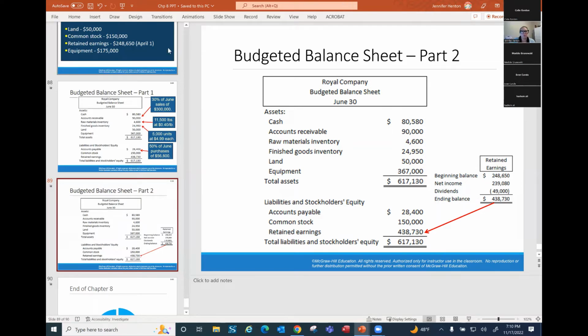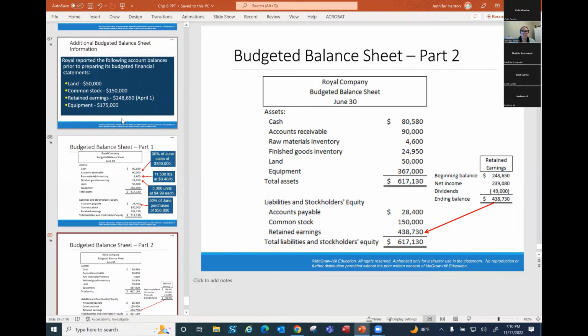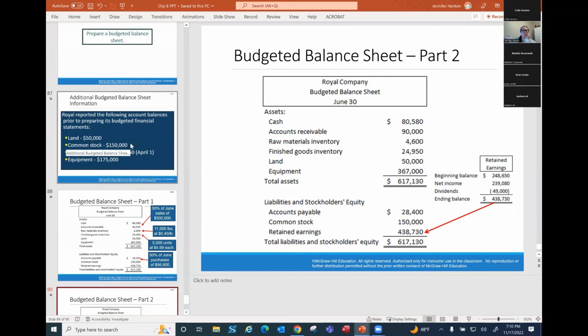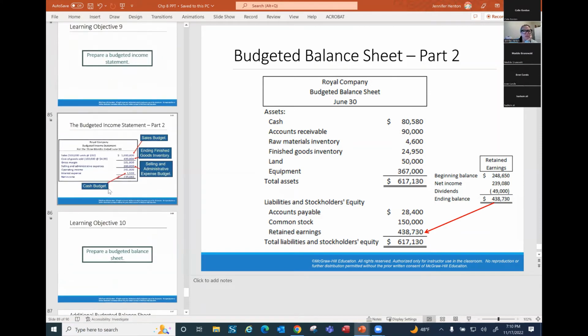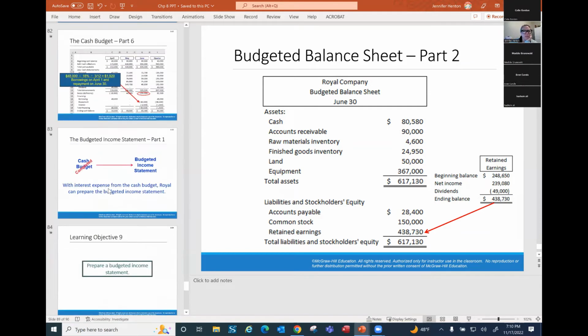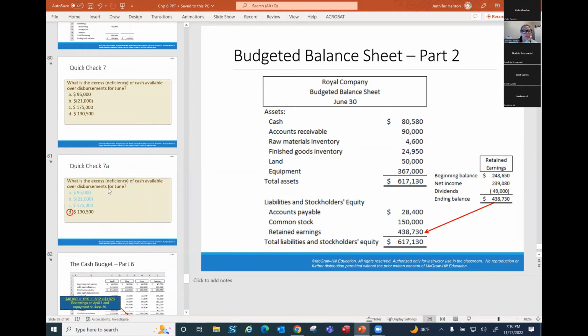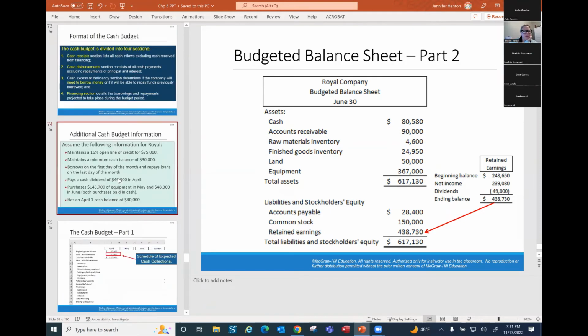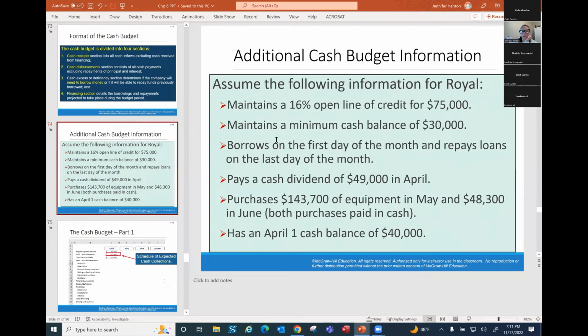438,730. So they told us on the, let's see where it is, the slide that they were going to pay out the dividend. I know I remember reading it, on one of the slides right here. So the total that you come up with for your retained earnings and your net operating income was that 487,000.